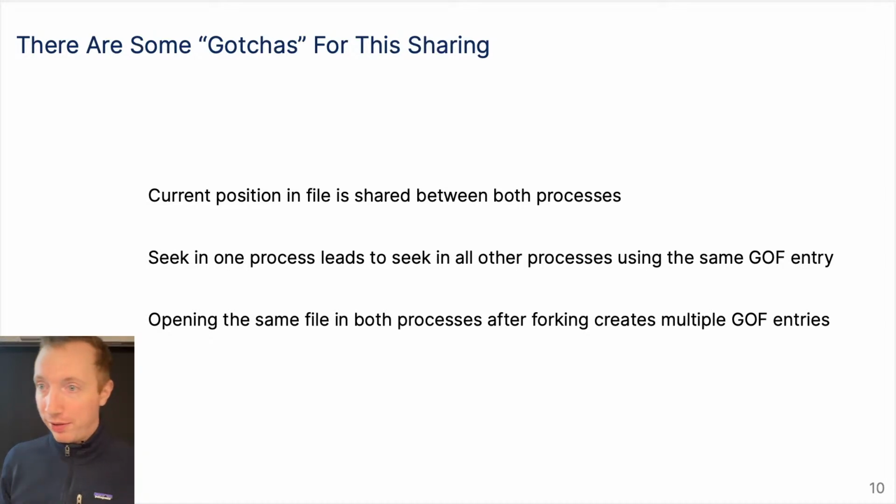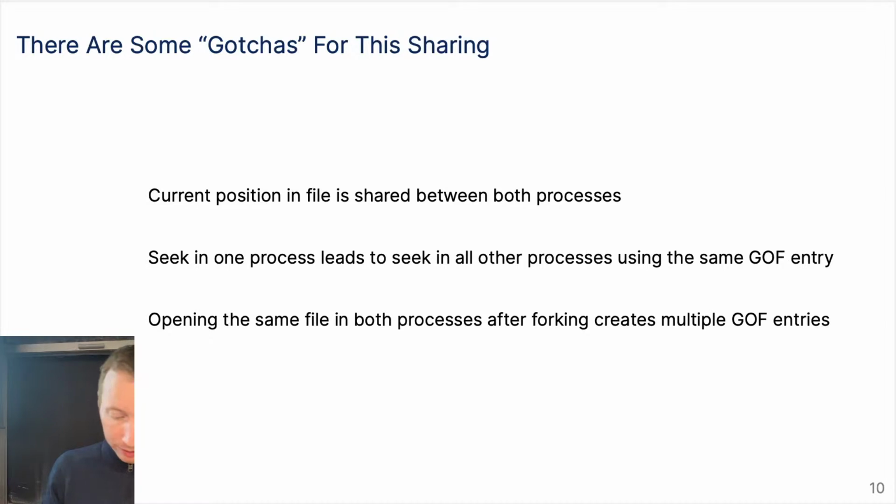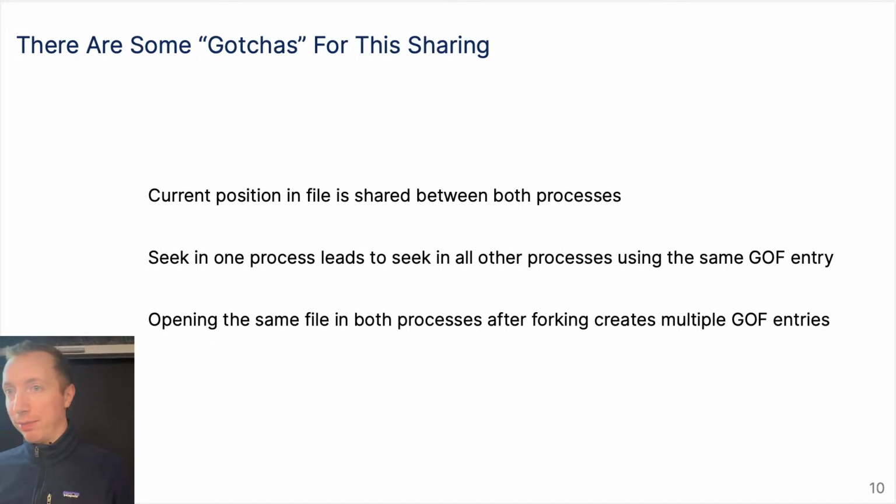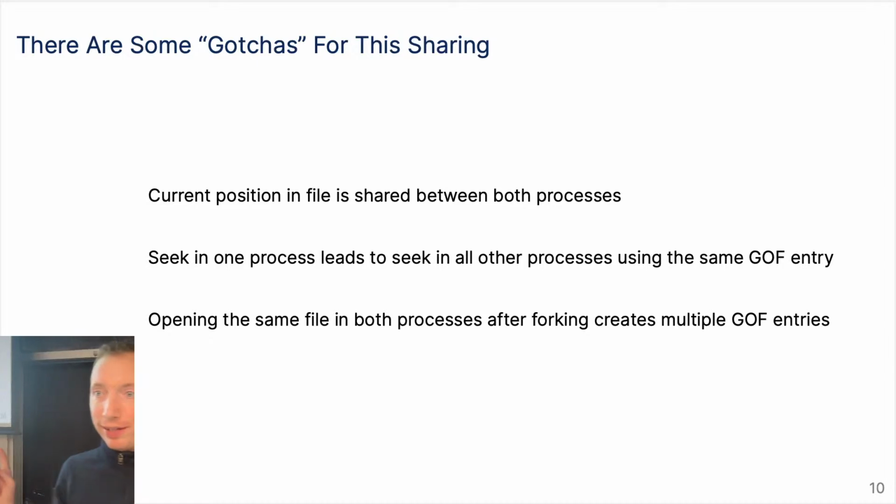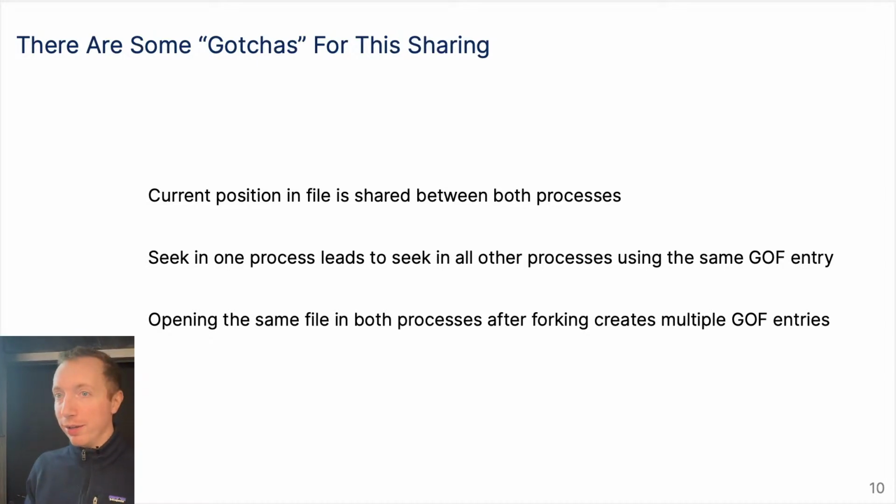So since you fork and you're pointing at the same global open entry, that position is actually shared between processes. And that leads to very interesting things, especially when we have that seek system call before. So remember, the seek system call just updates the pointer. So because they're sharing the position, if you forked and then in one process you seek to the beginning of the file, well, that would also seek to the beginning of the file for the other process as well.